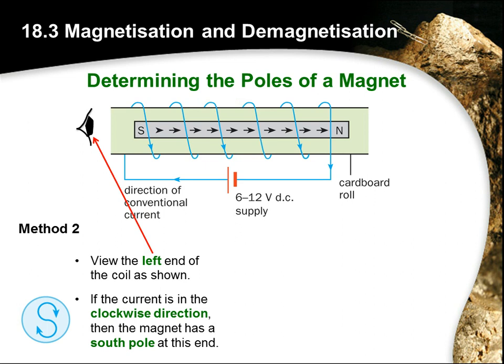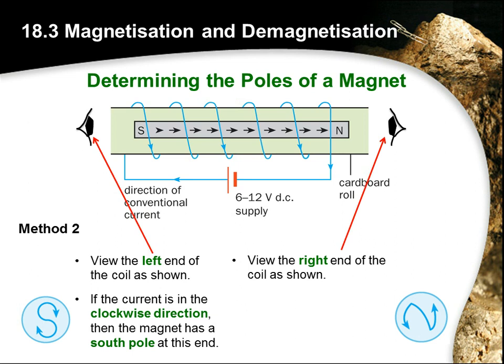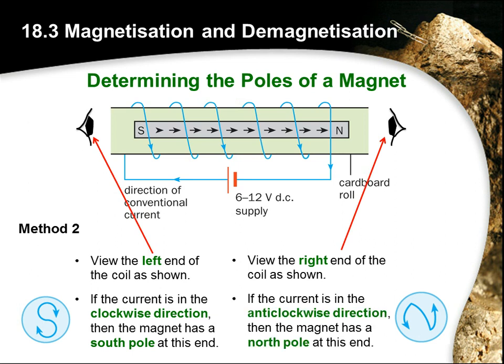If the current is instead in the anti-clockwise direction, then it fits the letter N pretty well, and so that must be a north pole at this end. So whichever method you use, whether the right hand grip rule or looking into the coil, they are both good means to determine the direction or where the poles are.